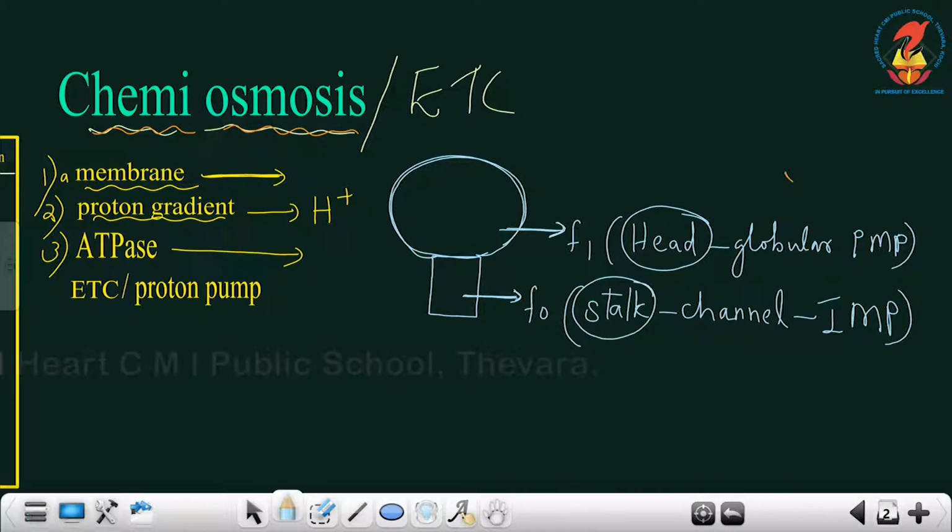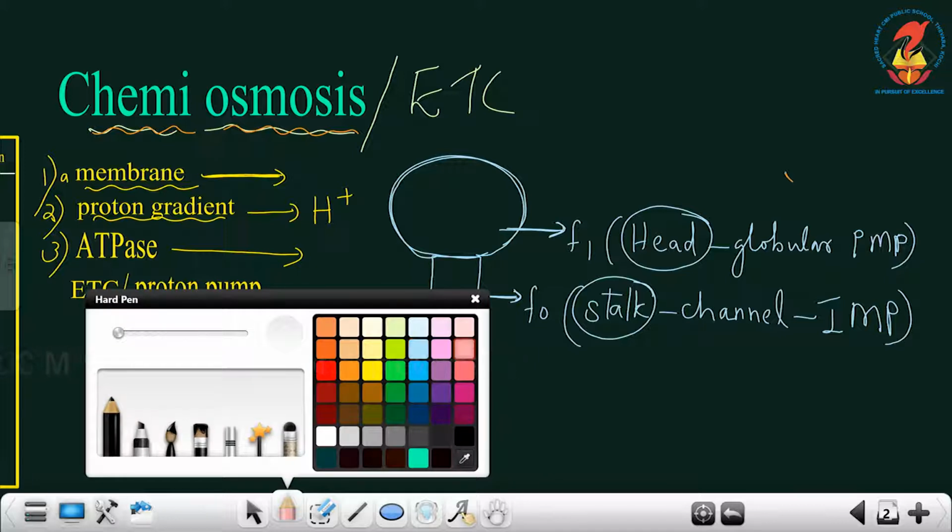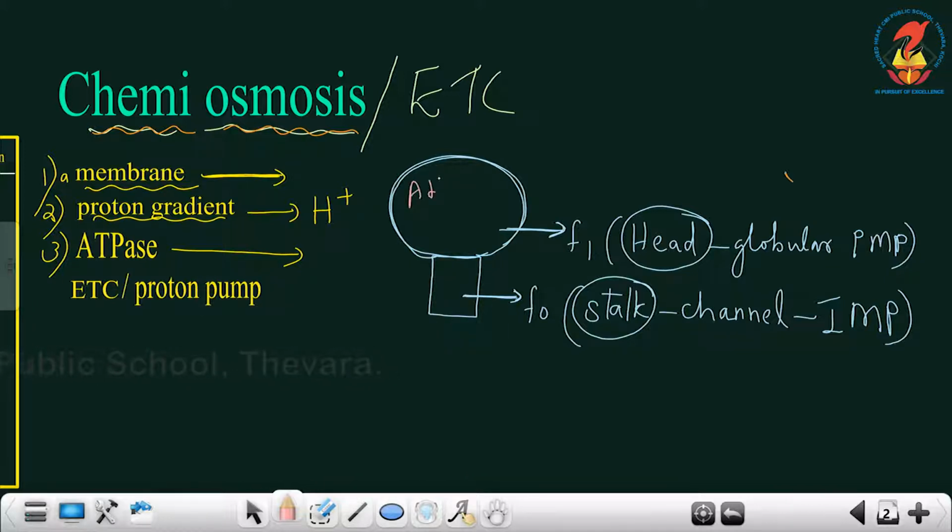Now the function of the F1 particle is that the raw materials for ATP, ADP and P, are present. So it's a site where ADP and P combine to form ATP. So the function of the F1 particle is that it is the site for ATP synthesis.